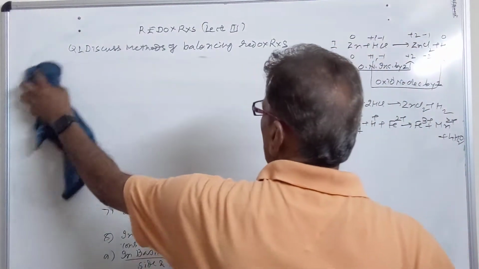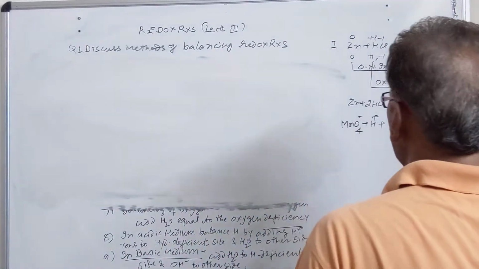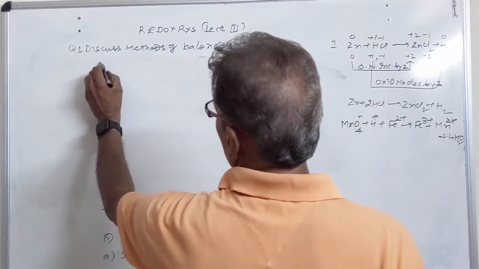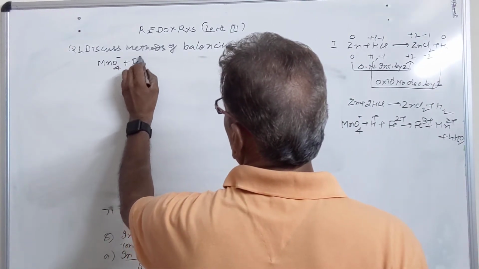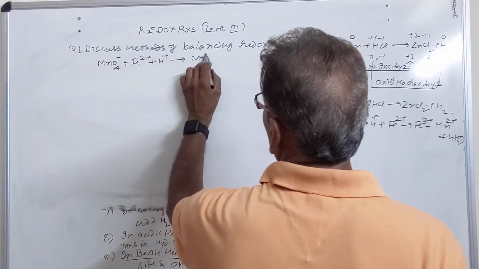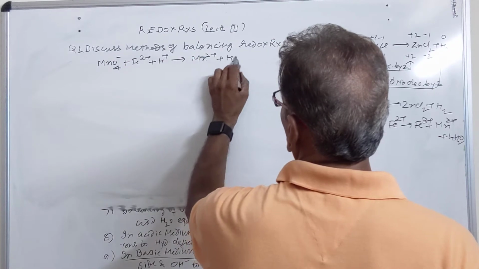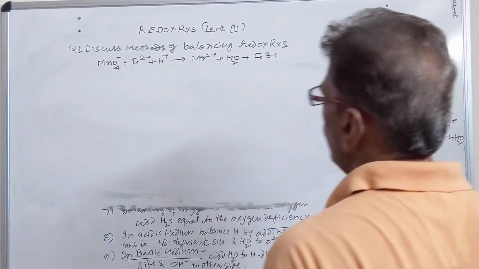First of all, our step was to write the skeletal redox reaction, that is written here. MnO4 negative, this is our redox reaction.